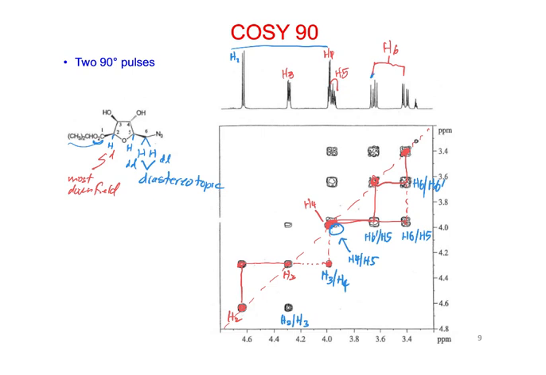So essentially we go from here to here, from here to here, from here to both of these over here. We can just walk our way around the spectrum, the molecule, except for these two that are right next to each other.